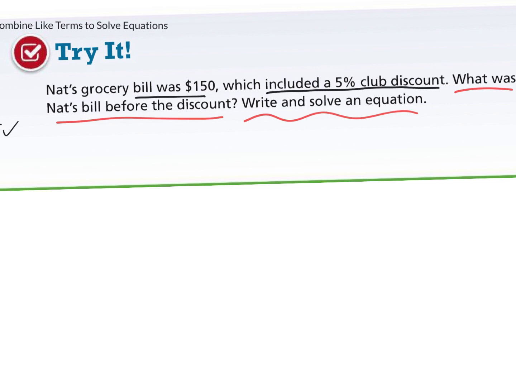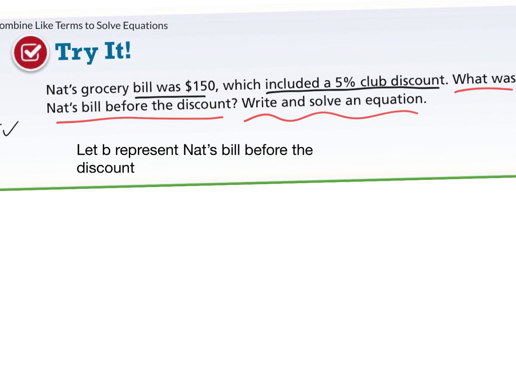One thing that's probably a good idea to start with before you really even start working the problem is to define your variable. So we could say, let B represent Nat's bill before the discount.